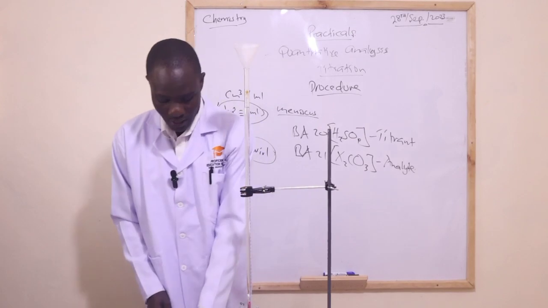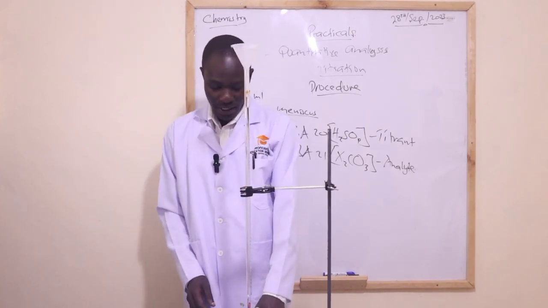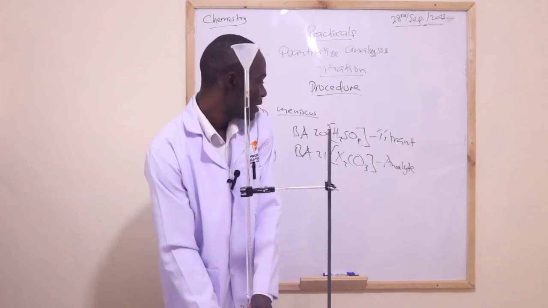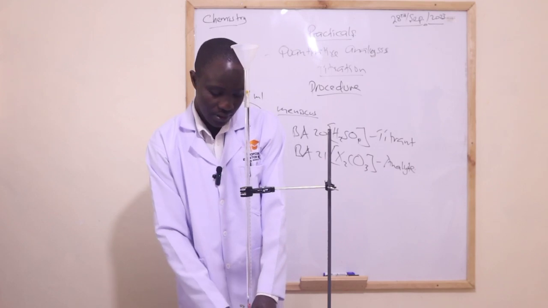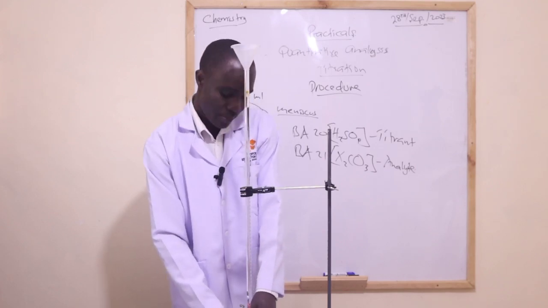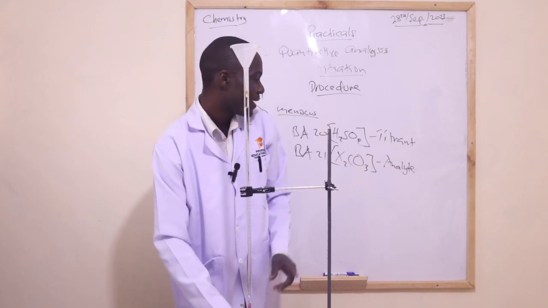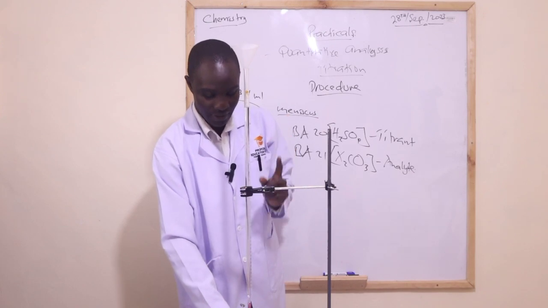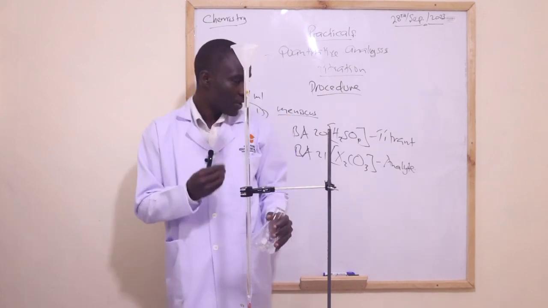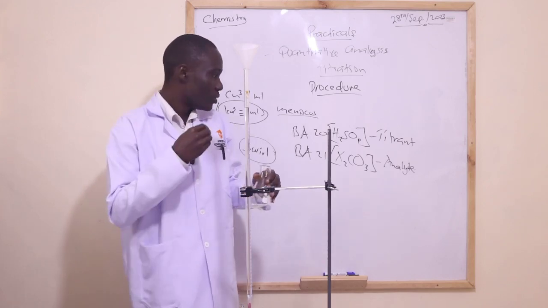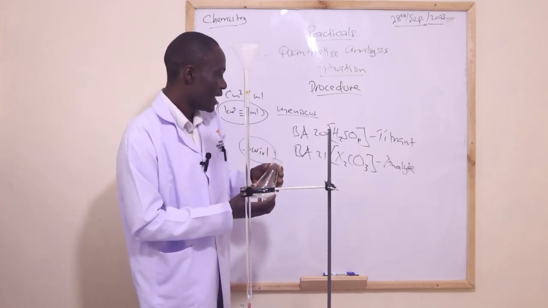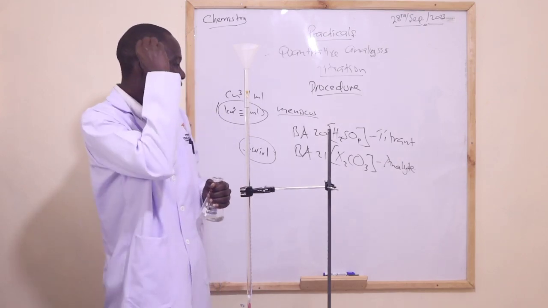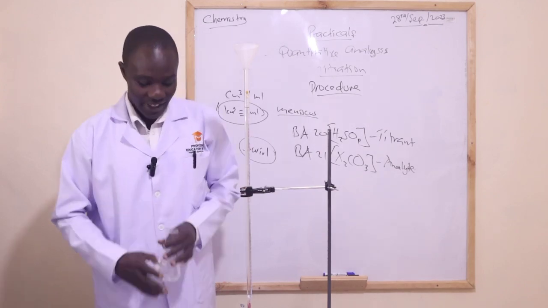So you need to put a white paper or a white tile below the conical flask, ideally to enable us to comfortably and easily note when the color changes. The moment the end point is reached, the color changes. But before we continue titrating, we need to ensure that in this type of titration, we normally use an indicator.